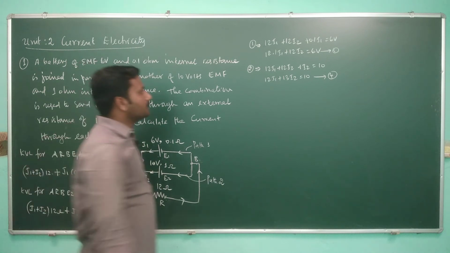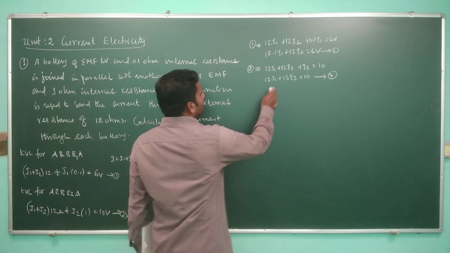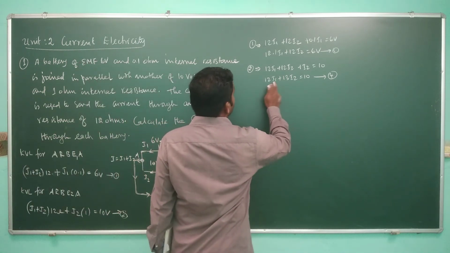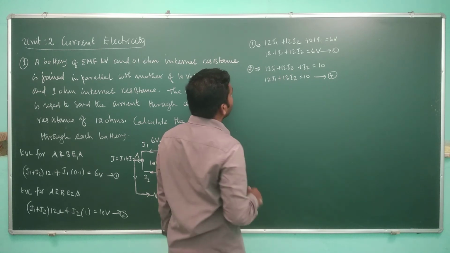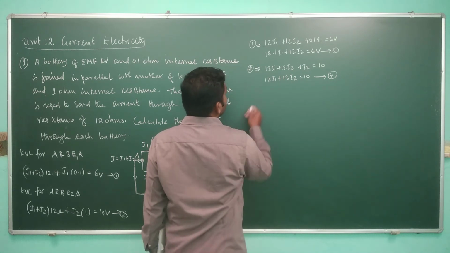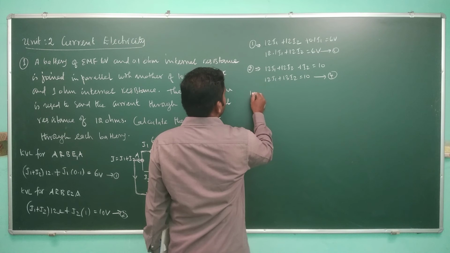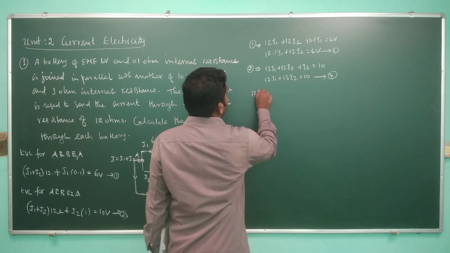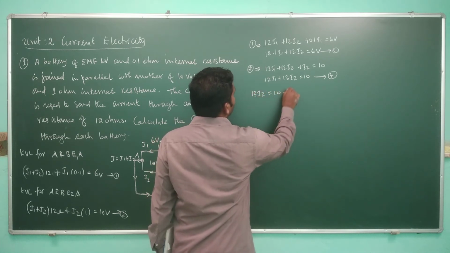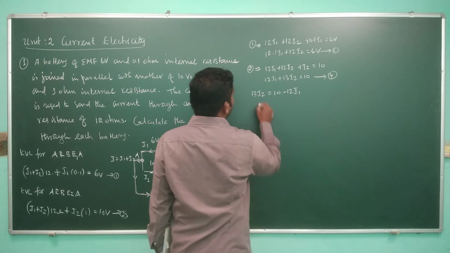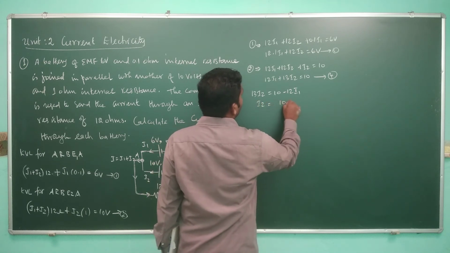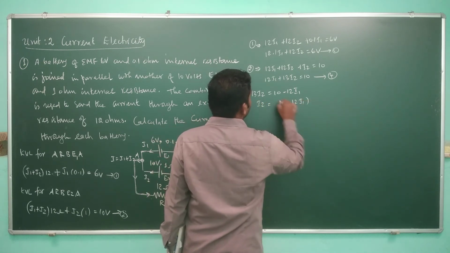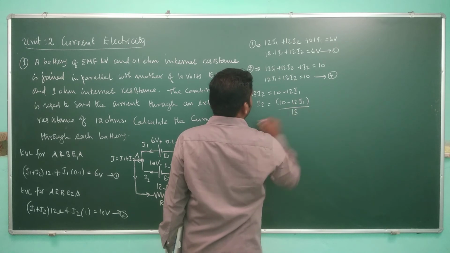Now you can solve these equations. How to solve? You can rewrite an equation for either I1 or I2. Let me write this equation for I2: 13 I2 equals 10 minus 12 I1, and I2 equals 10 minus 12 I1 divided by 13.